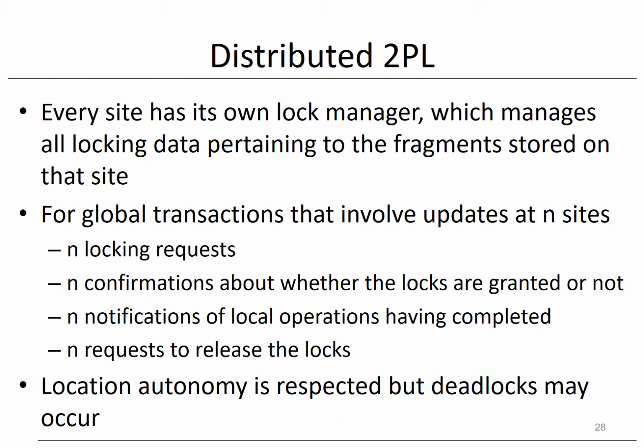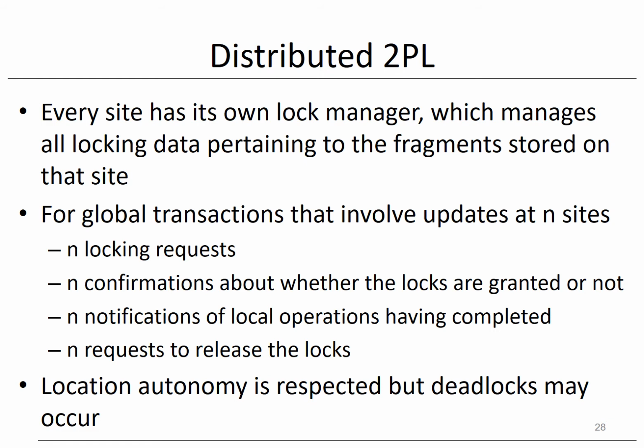With distributed 2PL, every site has its own lock manager, which manages all locking data pertaining to the fragments stored on that site. For global transactions that involve updates at n different sites, there will be n locking requests, n confirmations about whether the locks are granted or not, n notifications of local operations having completed, and n requests to release the locks.